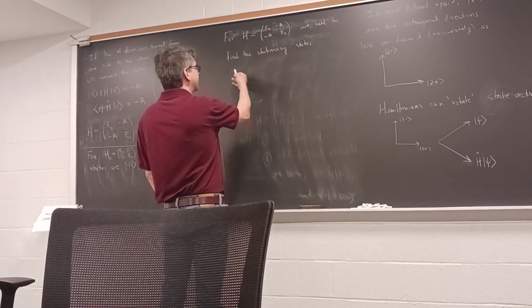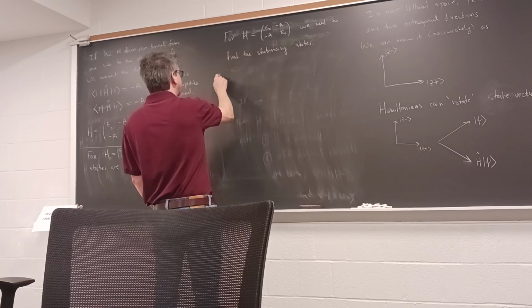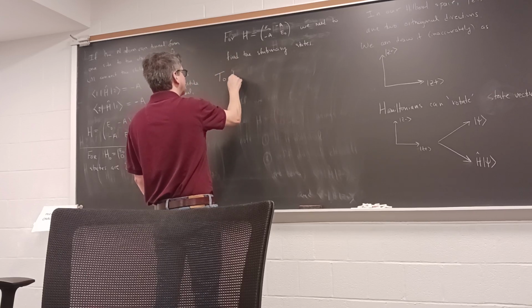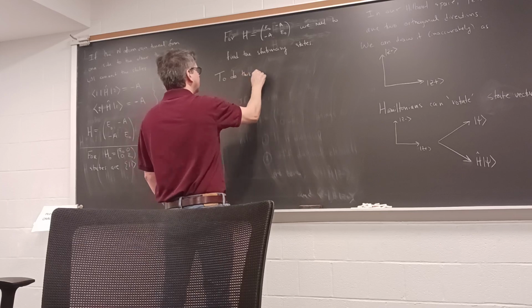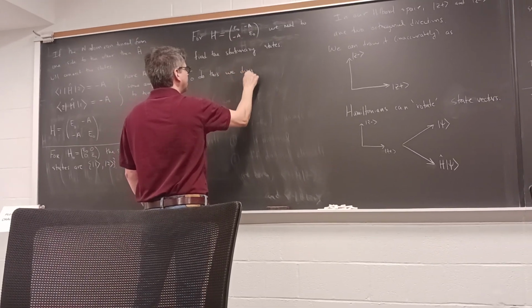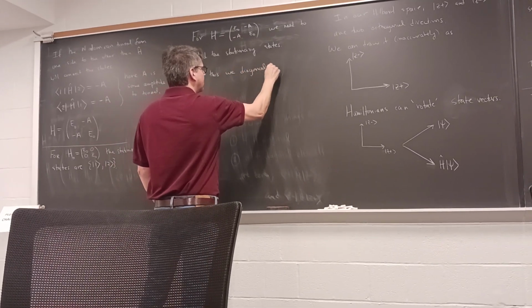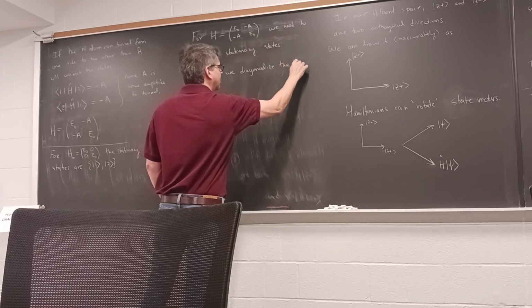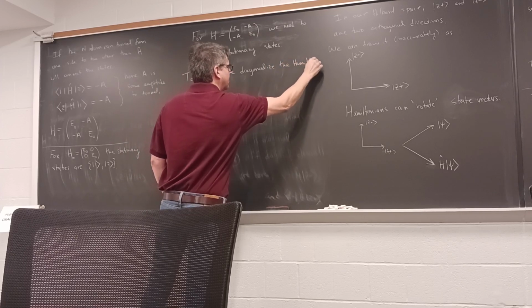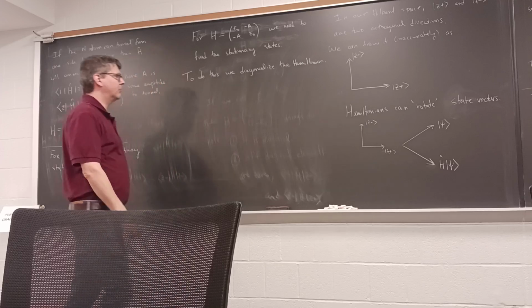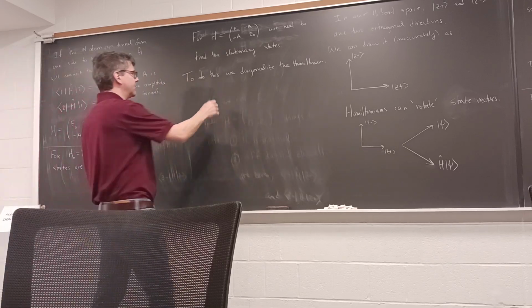So to do this, we diagonalize the Hamiltonian, which means find the eigenvalues and eigenvectors.